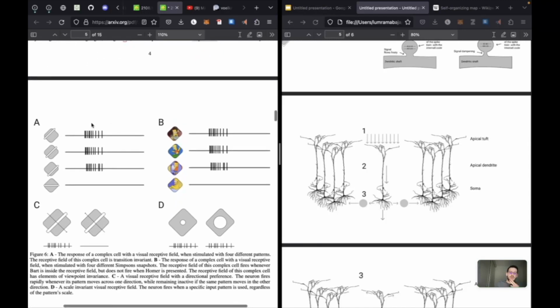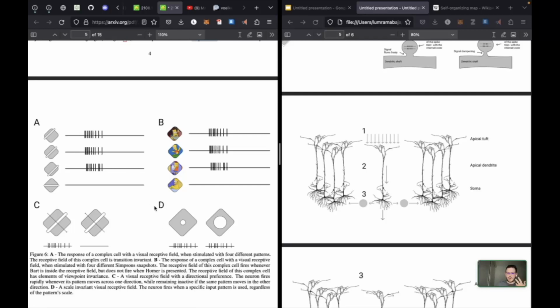For example, there are neurons in our brain that will fire whenever a line is seen in the receptive field, regardless of the position. This is also known as translational invariance. In convolutional neural networks, we have translational equivariance. And then we have cells that will fire regardless of the size of the pattern that it sees. So we have shape or size invariance.